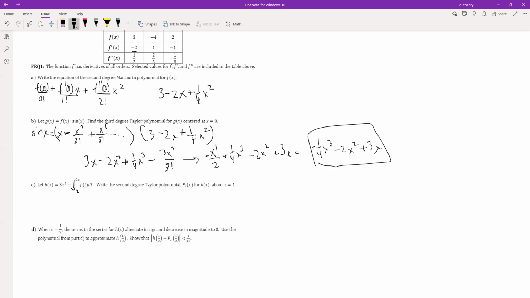Okay, so let's just write this out. This one I'm actually going to need quite a bit of space, so I'll do it off to the side.